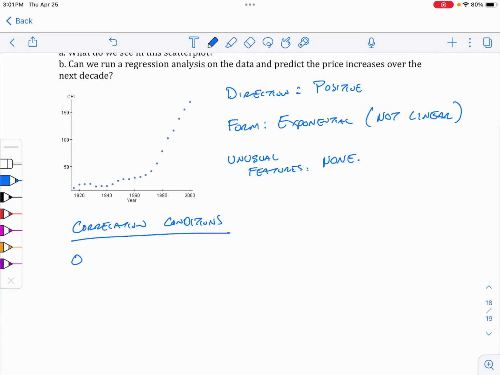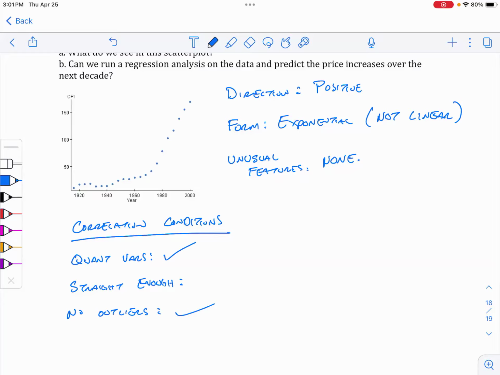We have three conditions there: quantitative variables, straight enough, no outliers. No outliers, we said no unusual features, so that one's good. Quantitative variables, yes, both year and CPI are quantitative variables. The issue comes in the straight enough condition.